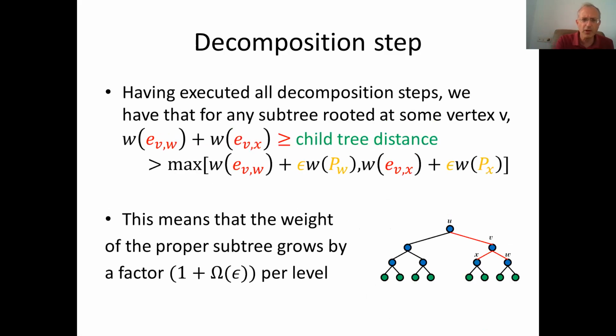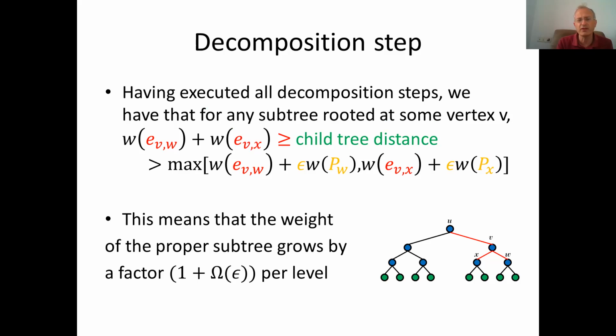Okay, now having executed these decomposition steps over and over again, we have that for any subtree rooted at some vertex V, the sum of the weights of the two edges leaving it can only be greater than the child tree distance to connect them.